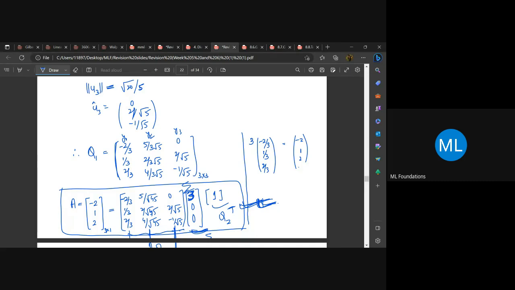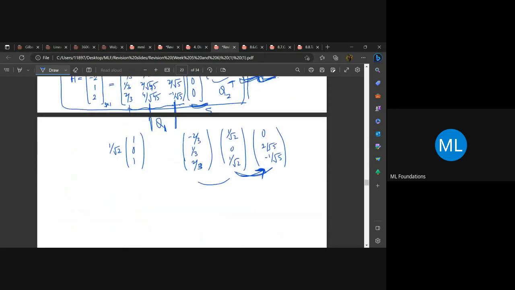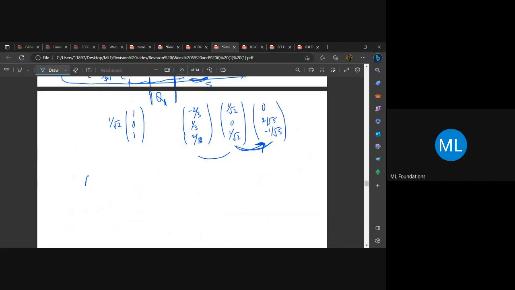All right. One more way to write your A. We had written A as Q1 sigma Q2 transpose, right? In place of Q1, I am just changing the notation here: U sigma V transpose. It's the same thing.